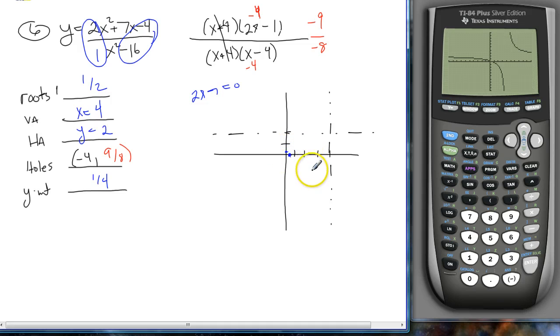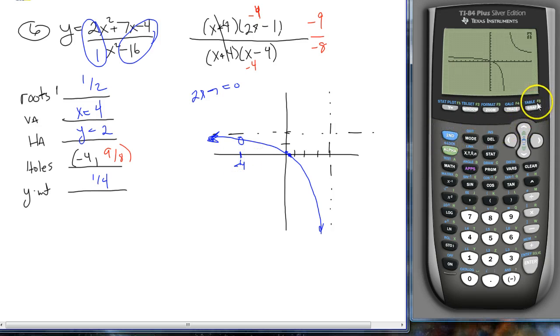Real close to that. And this graph wants to head down to this asymptote, so go like this. And it wants to head up to this asymptote like this. Let's not forget the hole this time. So negative 4, something like this. There's a hole.